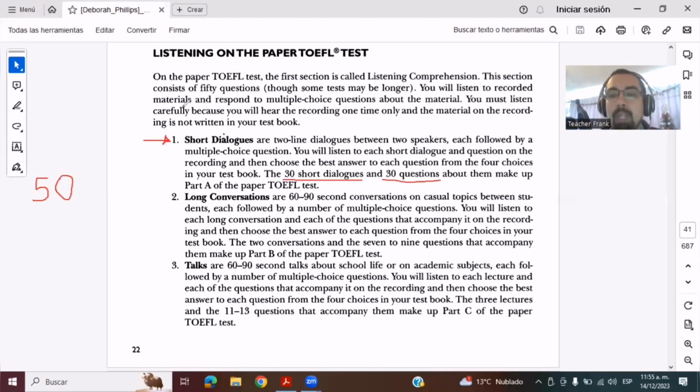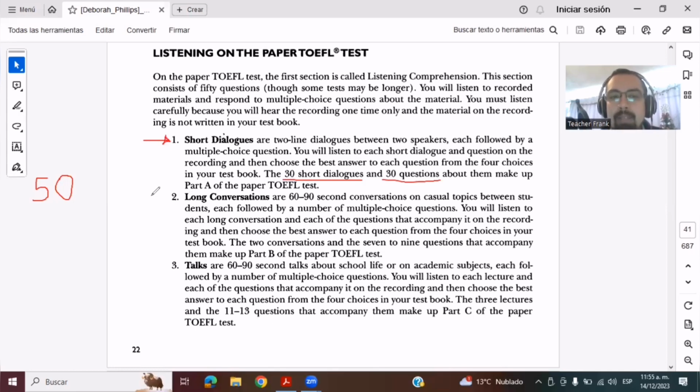Grammar, which is the second part, we'll look at in the next video. Grammar has 40 and reading also has 50. So you're going to be answering a total of about 140 questions. I may do the pre-diagnostic test for you to take and for you to be able to know your TOEFL score more or less in the upcoming videos.